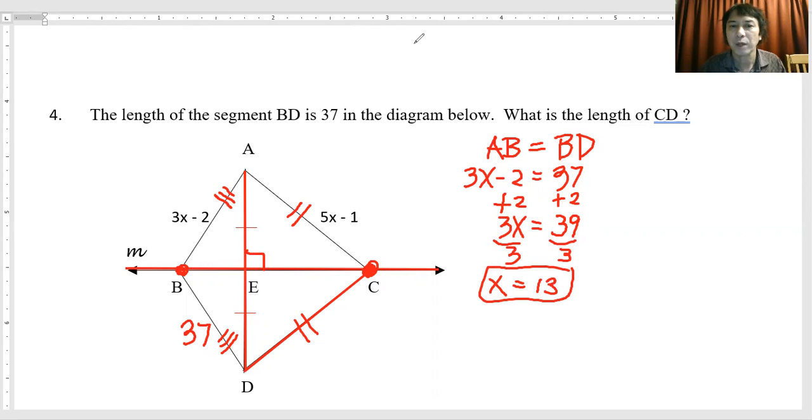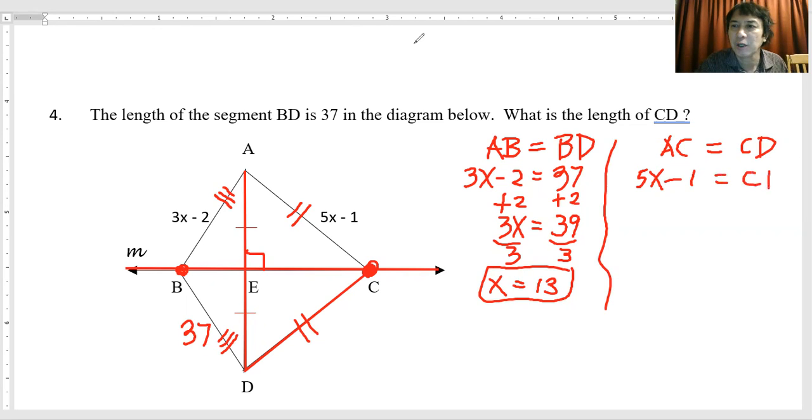We also have some conclusion. We have AC equal to CD, and we have the equation 5x minus 1. That's AC, and we're after CD. And so we have the value of x, that's 13.